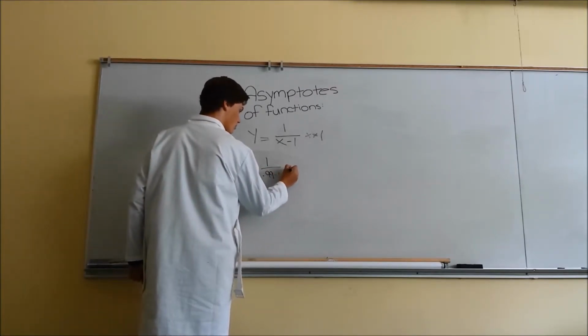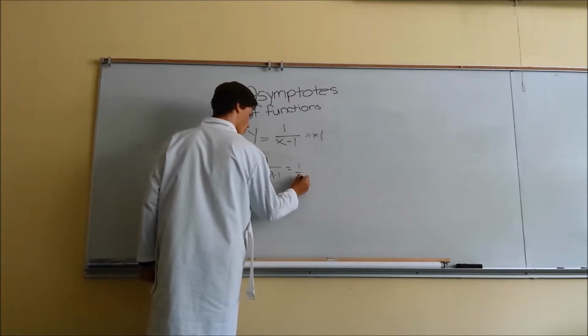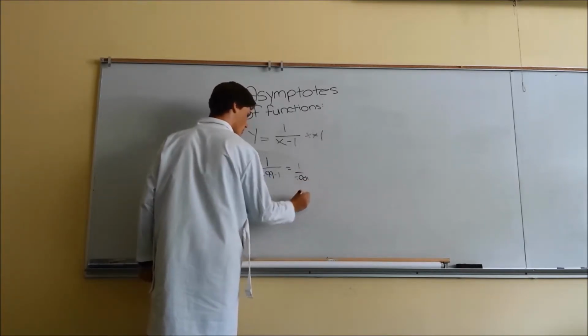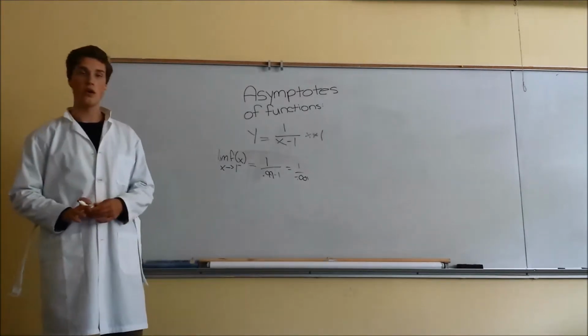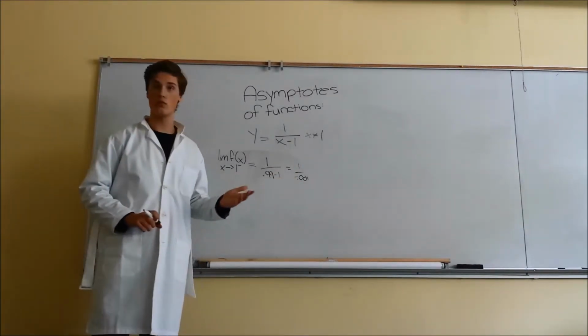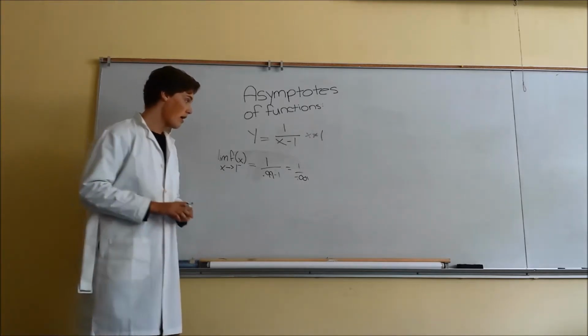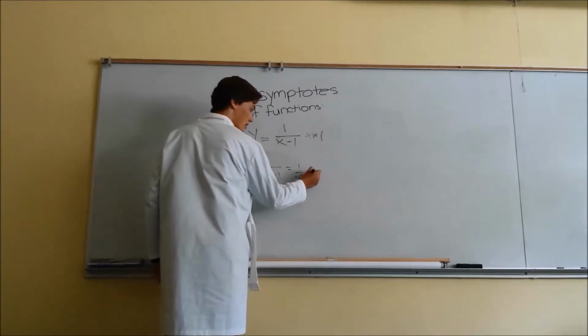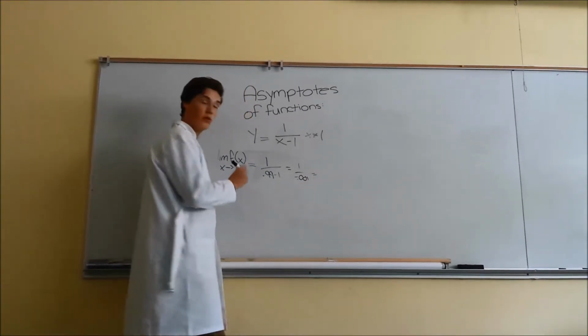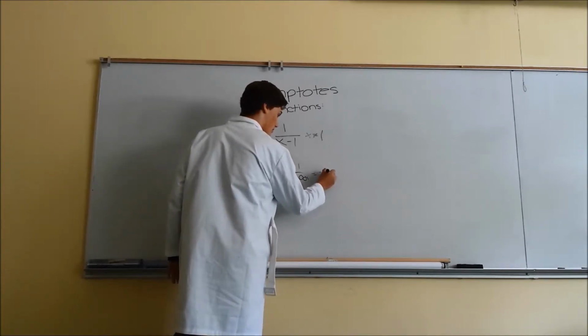This is equal to 1 over negative 0.01. So, because this value can be assumed as being ever changing, ever smaller, we say that this limit, as x approaches 1 from the left, is equal to negative infinity.